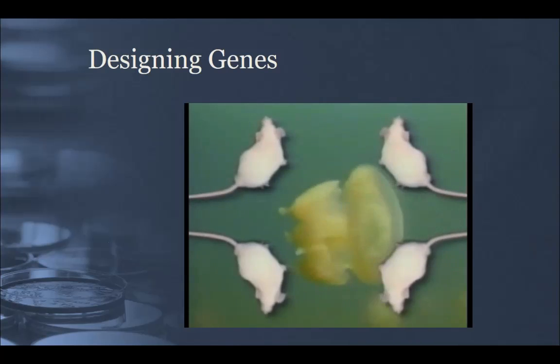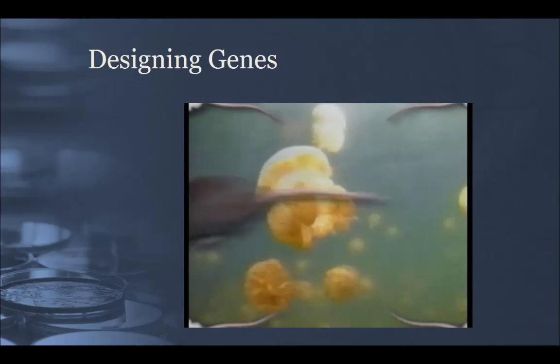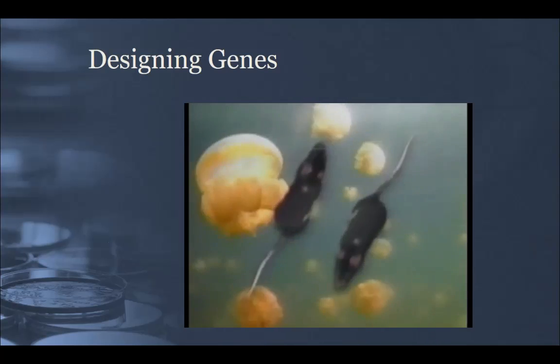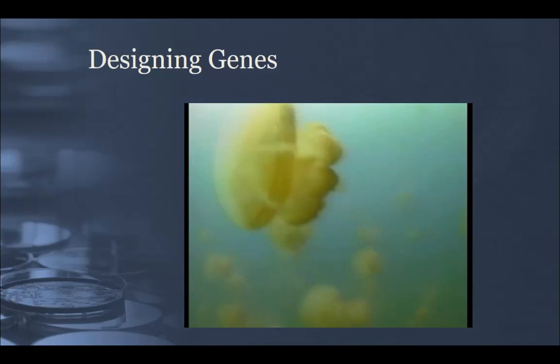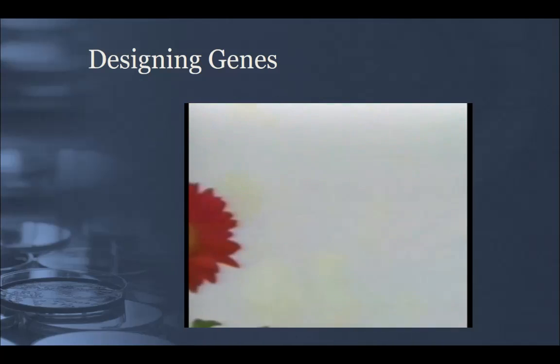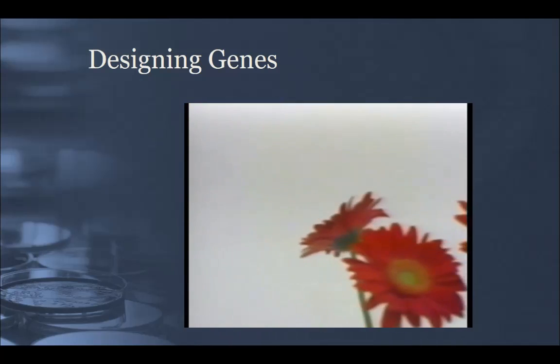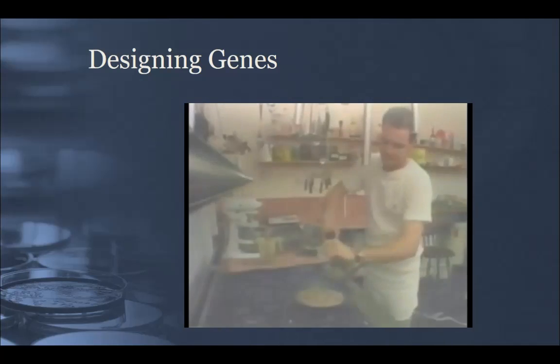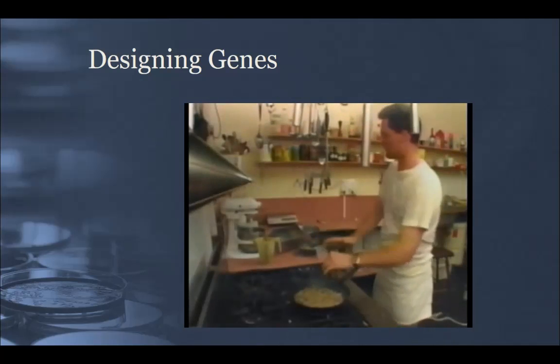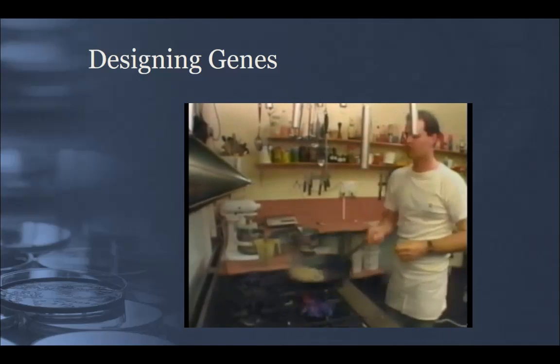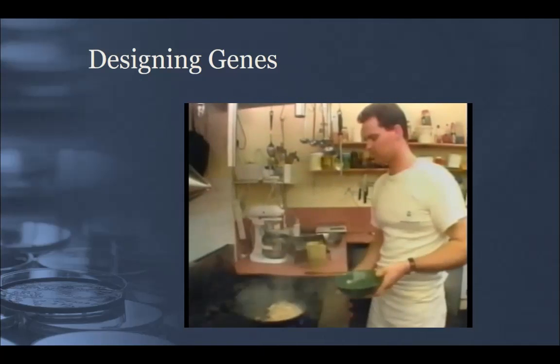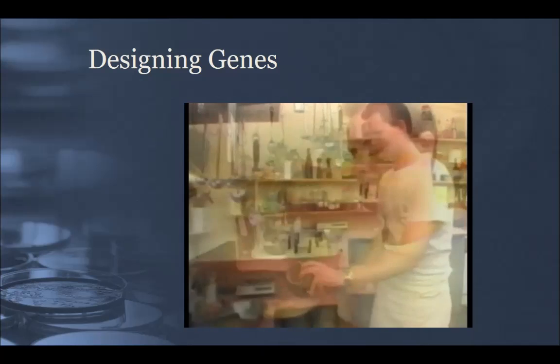This is recombinant DNA technology, and it works because the genetic code in all living things is written in the same way. It's like a universal language. We've mentioned that people suffering diabetes use human insulin made by genetically manipulated bacteria.